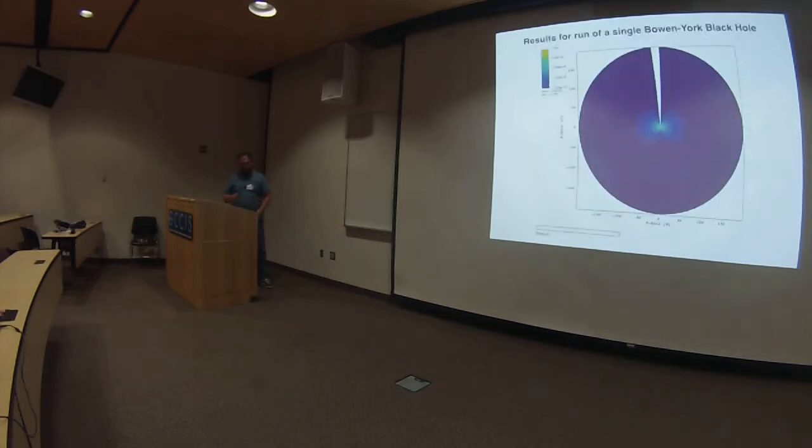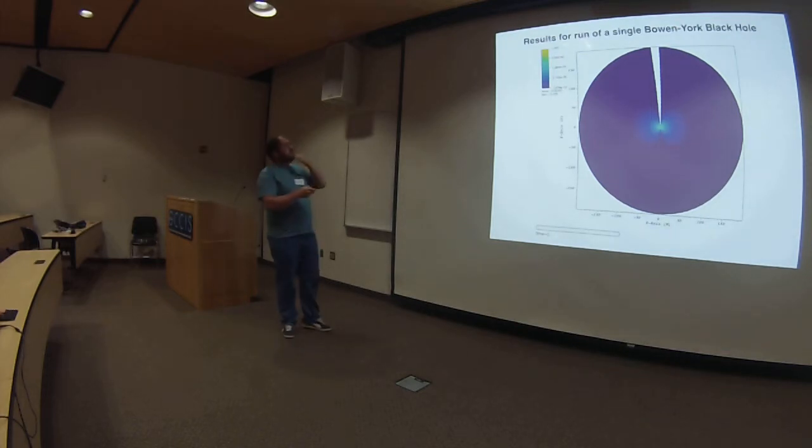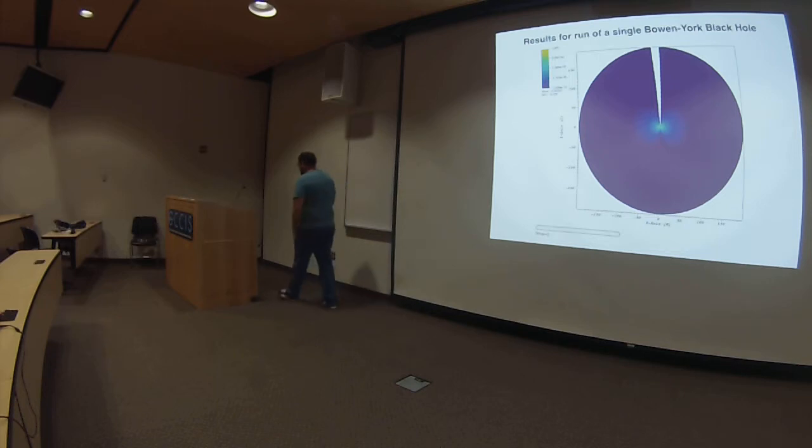So I'm going to go through a couple of slides. First, here's a result for a run of a single Bowen-York black hole, which is a spinning black hole that is conformally flat. So it is a perturbed black hole that basically has a non-zero gravitational wave content inside, because we know that it's not conformally flat.